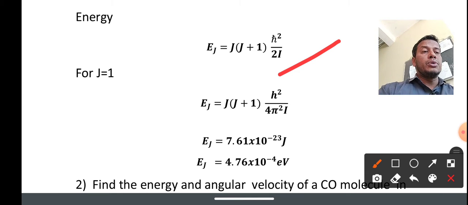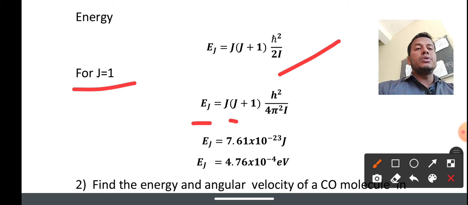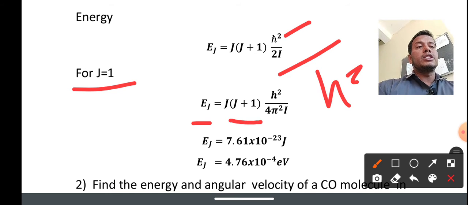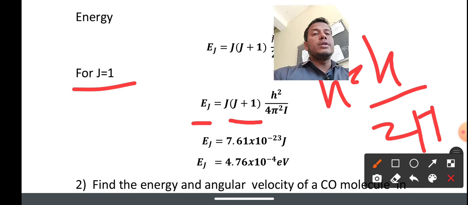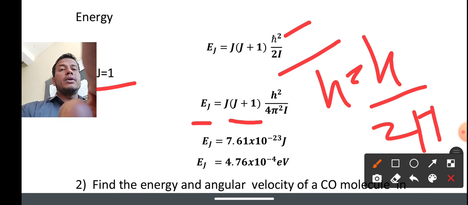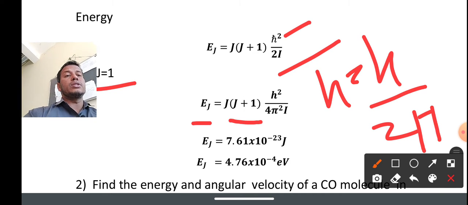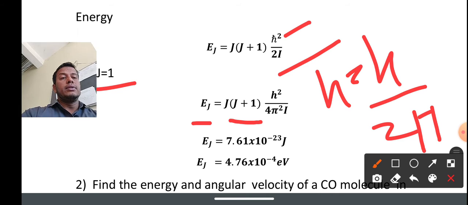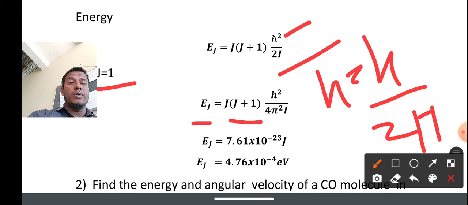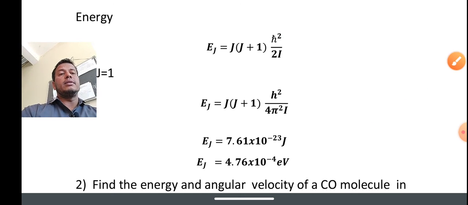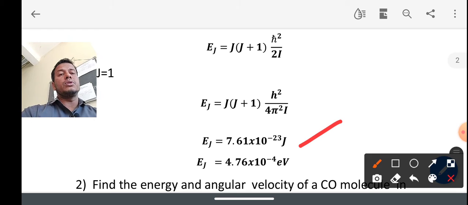Here h cross is h by 2 pi, so the term becomes h square by 4 pi square I. After putting in J equal to 1, the h value and the I value, we get E_J equal to 7.61 into 10 to the power of minus 23 joule, which is divided by the electron charge, 1.602 into 10 to the power of minus 19.